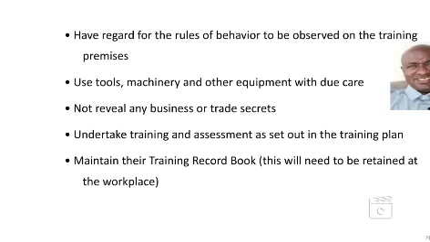They should not reveal any business or trade secrets. Some companies have their own secrets, their own way of doing things, that they keep secret. So TVET students are obliged not to reveal any business or trade secrets.